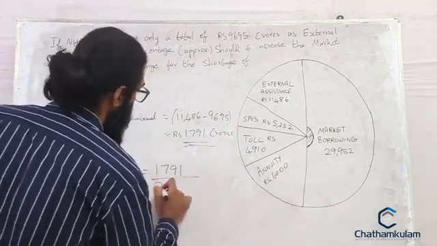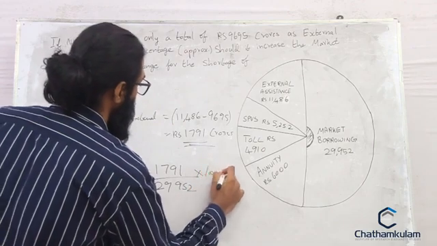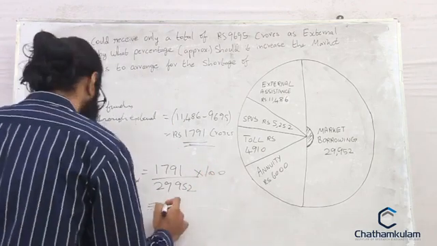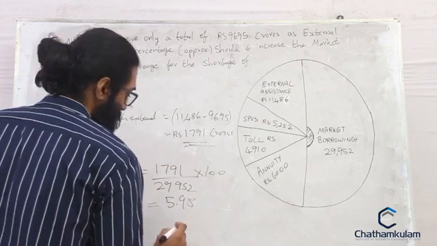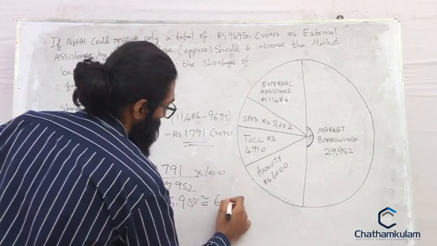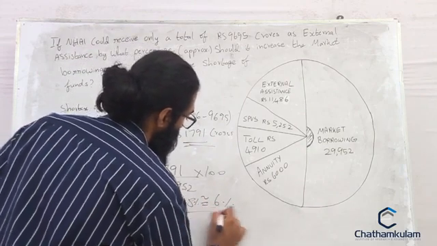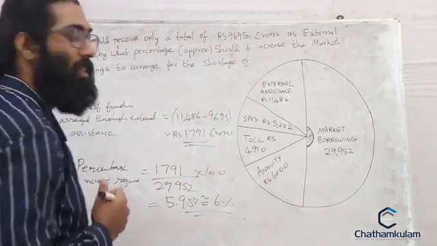It's 29,952 into 100. So we get it as approximately 5.98, which is approximately 6%, right? So 6% is our percentage increase required.